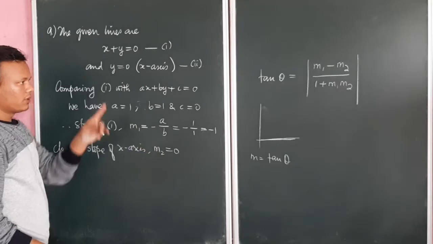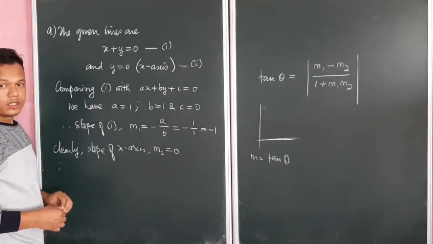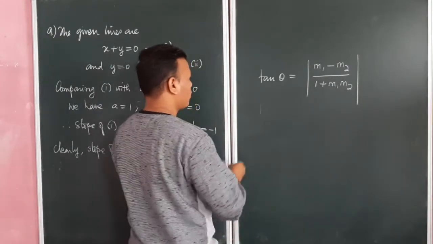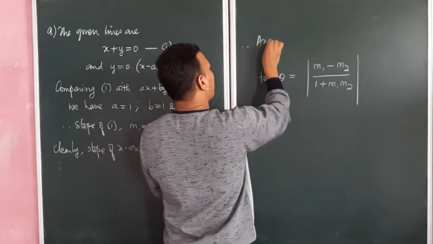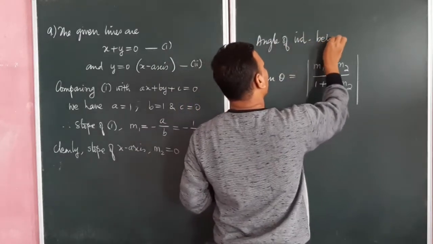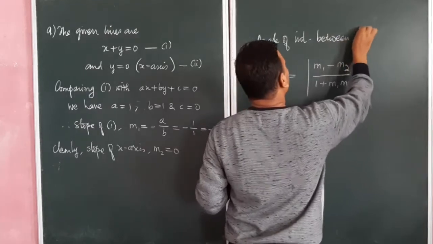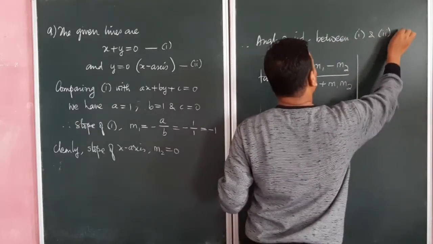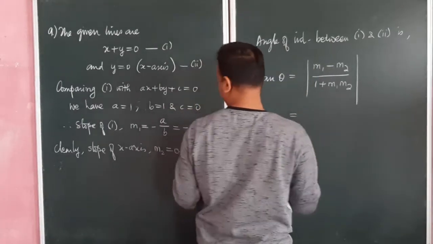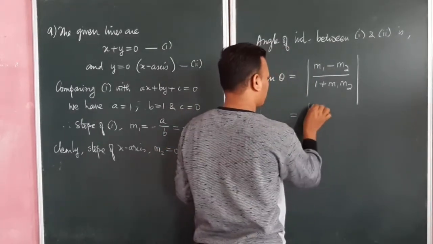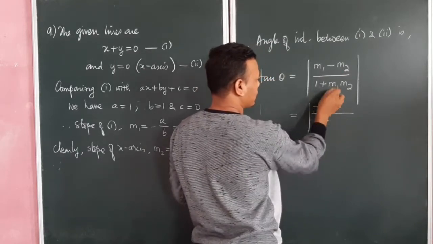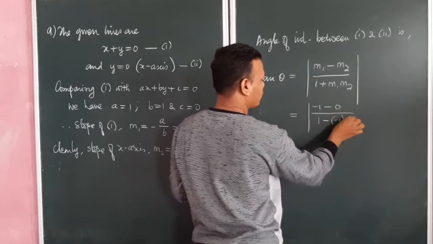Now let us make use of that particular formula in order to find the angle of intersection. Therefore, the angle of intersection between 1 and 2 is tan theta equals this much. Let us put the values. m1 is minus 1, so minus 1 minus m2, which is 0, divided by 1 plus m1 m2, where m1 is minus 1 and m2 is 0.